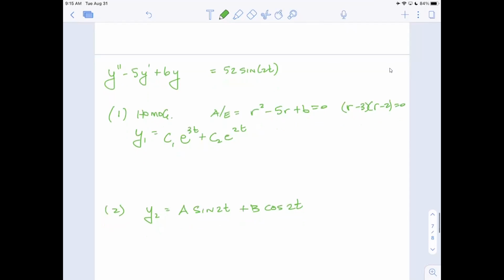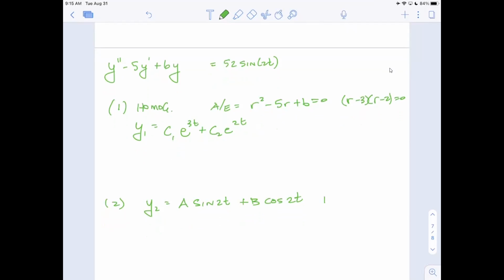And then to proceed with this, again, I want to plug this back in. I want to plug it into the equation up at the top in order to figure out what would make that be 52 sine of 2t. But I have to plug in y, as I just found, but I also have to plug in y prime and y double prime, so I've got to get those. So y prime: the derivative of sine of junk is cosine of junk times the derivative of the junk. Derivative of 2t is 2, so that's why there's an extra 2 out front.